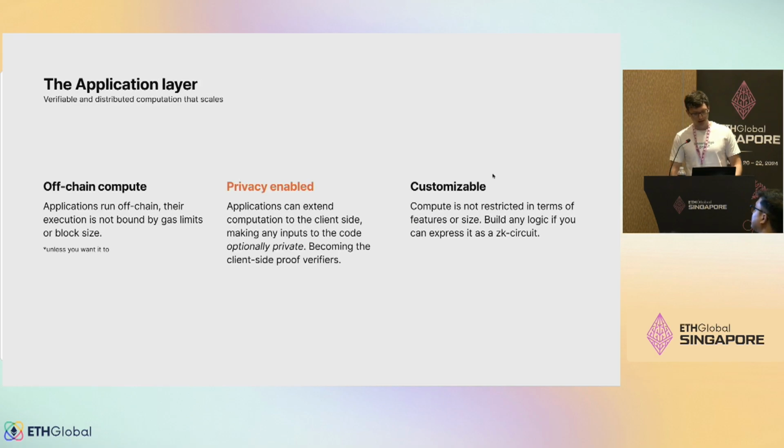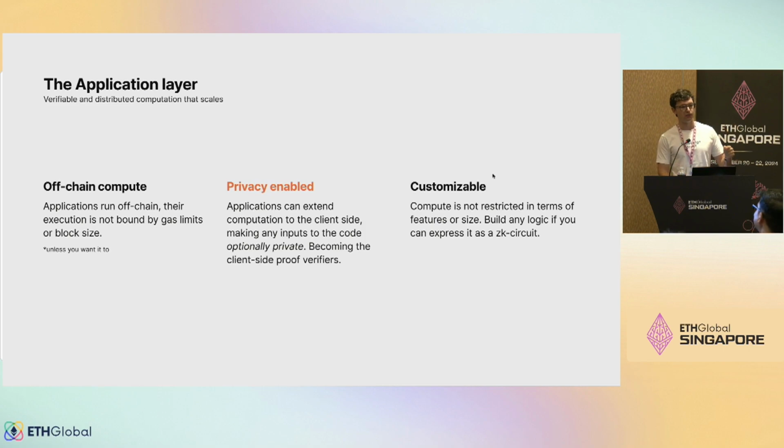So the application layer, what properties do we have on those? Basically, the way we build application layers is something that we call off-chain compute, which means that the code doesn't actually run on the blockchain itself, but we run it outside of that. We run it for some time frame, and after that, we create a proof of all of that execution, and we take the proof, we go to the base layer and we say, hey, we did all that.